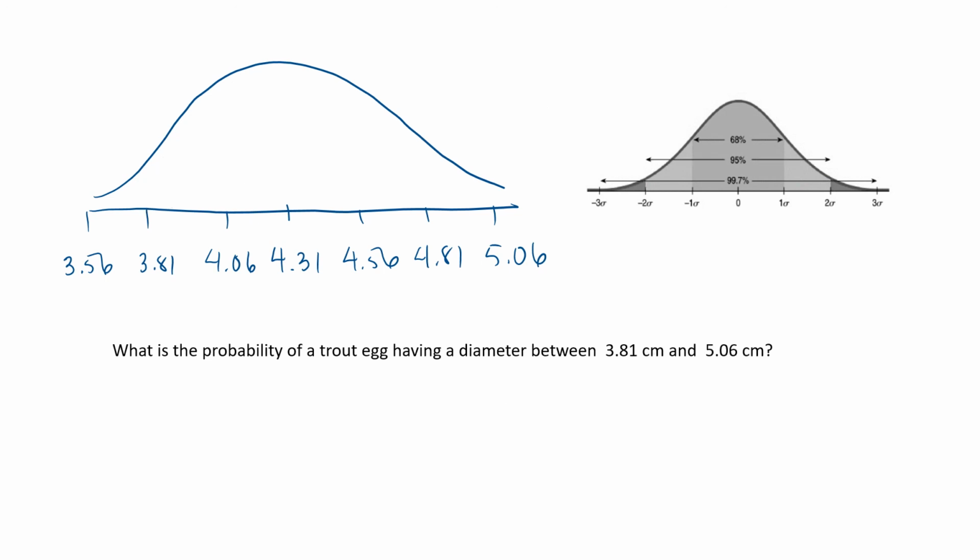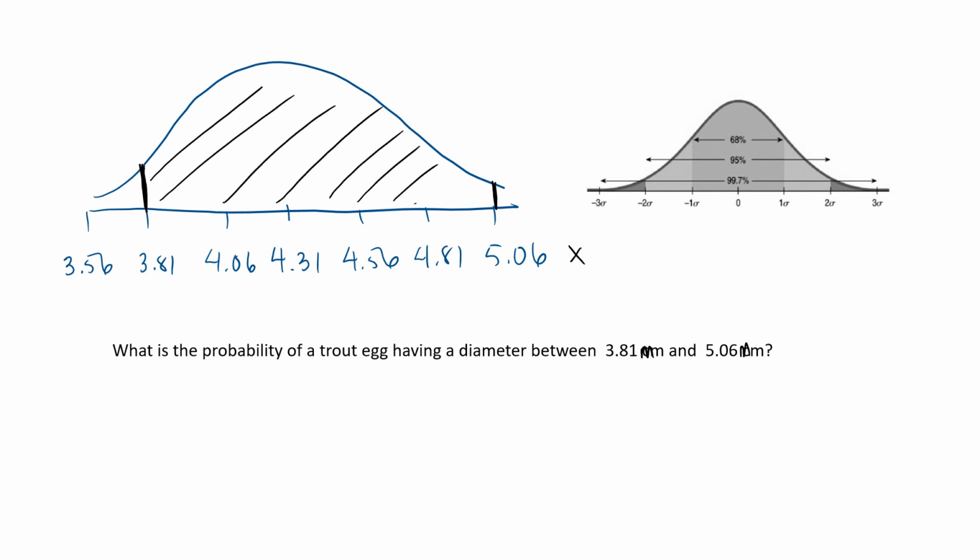So one more time, we're going to be taking a look at what the probability is of trout eggs being between 3.81 millimeters, I made this mistake all the way through, and 5.06 millimeters. So on our curve where we have labeled the x values, or the diameter of the trout eggs along the horizontal axis, 3.81 occurs here, and 5.06 occurs here, and we're looking for the probability, which is represented by this area.